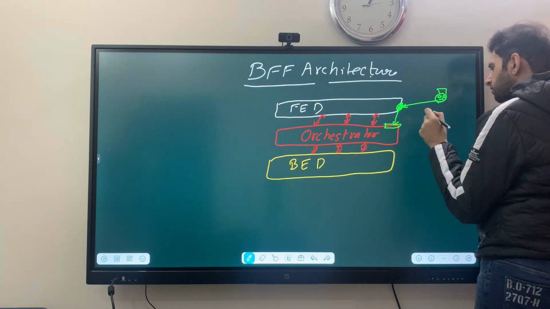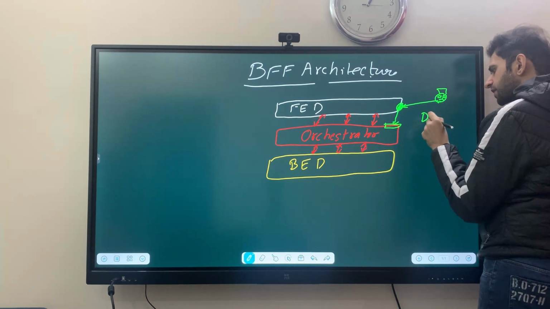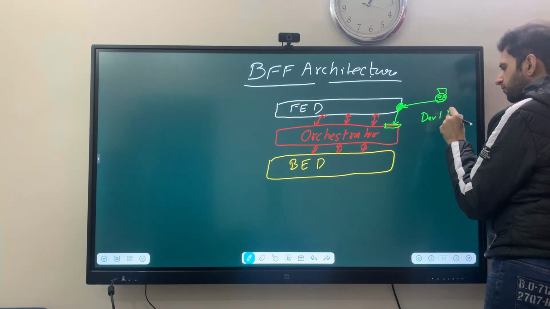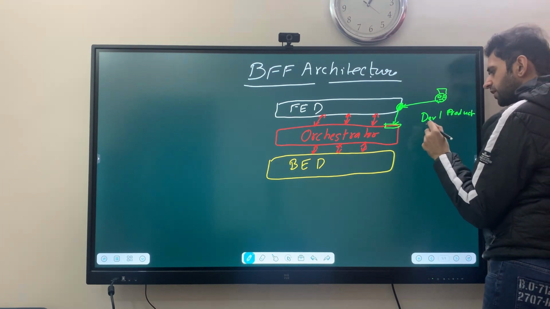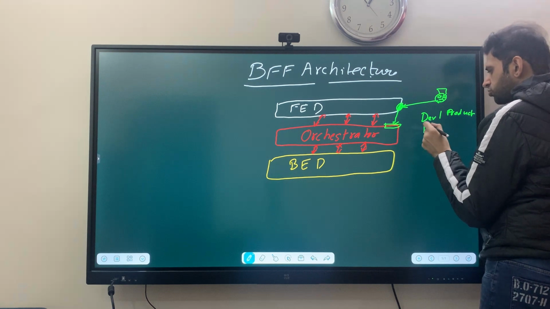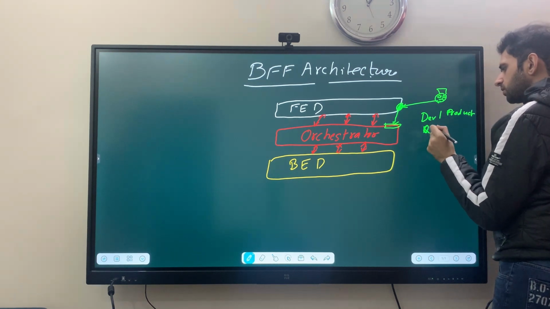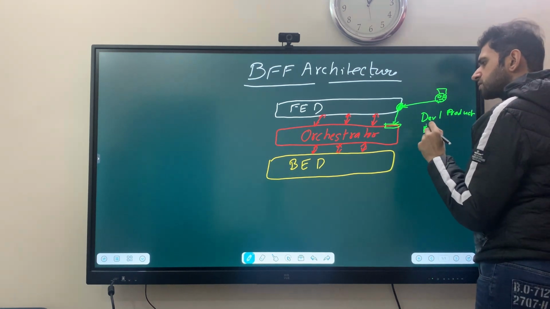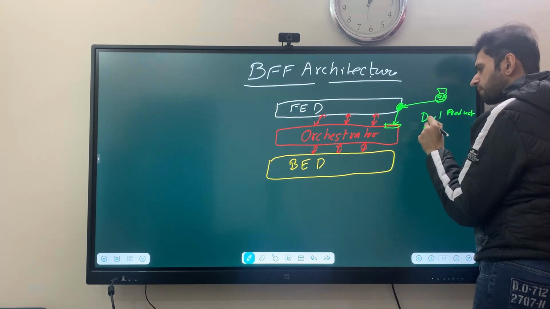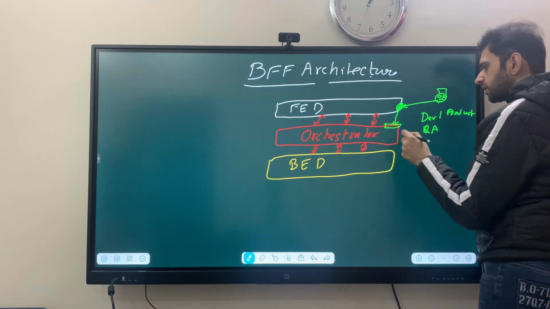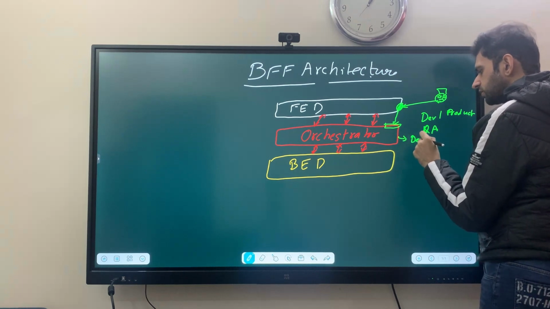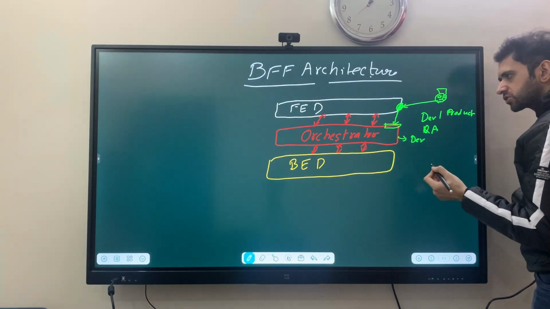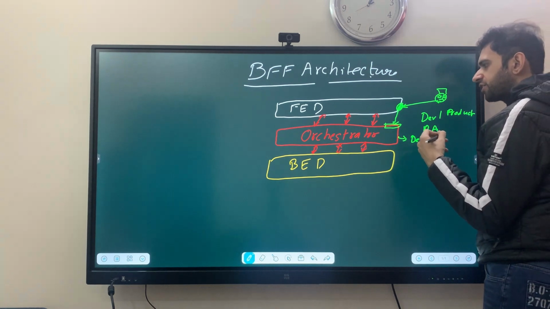Second thing is, we have multiple environments. We have dev environment, or we have production environment. We have QA environment. So the thing is, for all those environments, we can have a different orchestrator. Like we can say that this is an orchestrator for dev. Production will have a different orchestrator, and QA will have a different orchestrator.